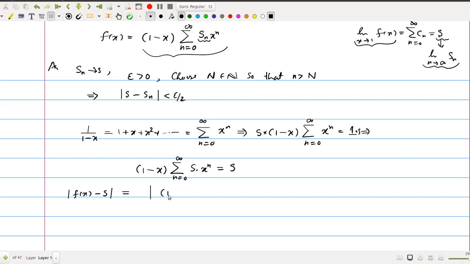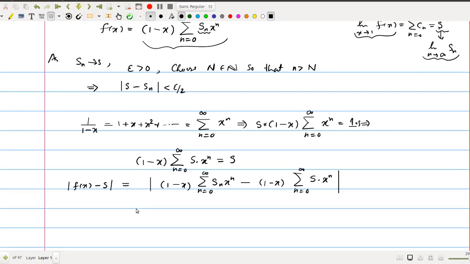That is 1 minus x times summation n equal to 0 to infinity Sn x raised to n, and we use the expression of s from this equation. So we write it as minus 1 minus x times summation again n equal to 0 to infinity s times x raised to n. This is the expression for s and this is the expression for f of x.